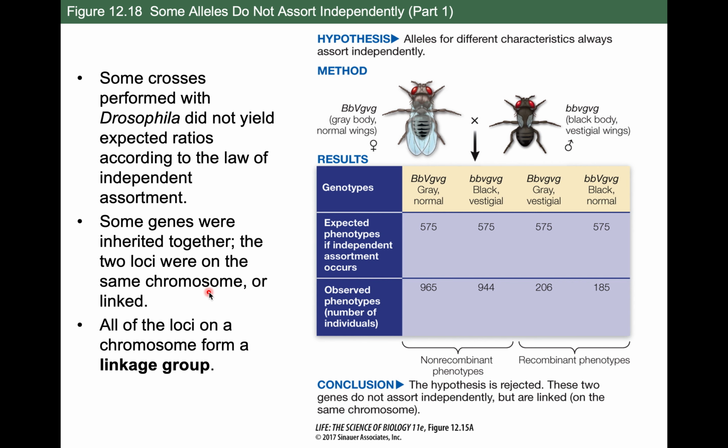So I'm not going to dig into all the nitty-gritty of what Thomas Hunt Morgan did, but I do want you to at least get the big picture because it is a huge deal in terms of biology and genetics. And so in a nutshell, what Morgan and his students were doing is they were doing dihybrid crosses with fruit flies.